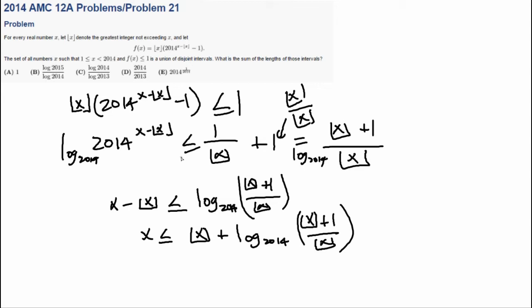So we're left with this. So, given any x, x has to be less than or equal to the floor of x plus log base 2014 of floor of x plus 1 over floor of x.